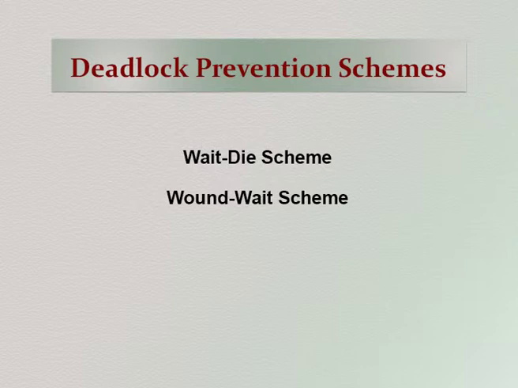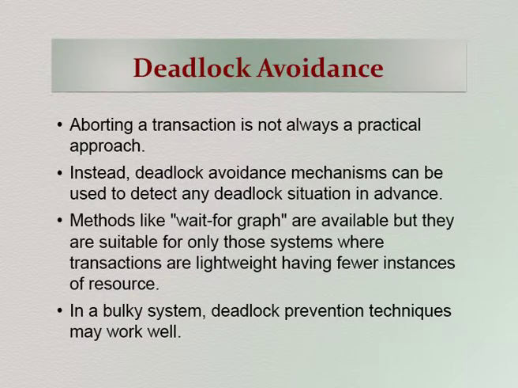Before talking about the deadlock prevention schemes, suppose something has already happened and the system is in the deadlock state. How to avoid it? Aborting a transaction is not always a practical approach.